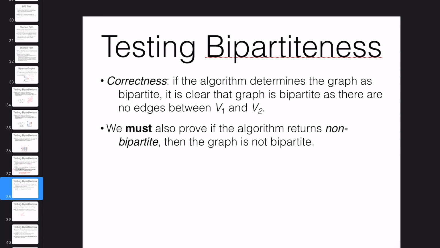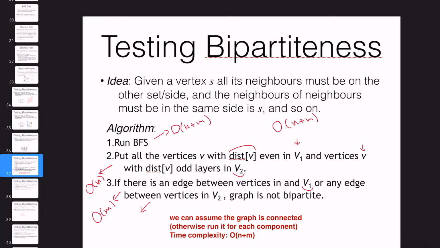Because if the algorithm tells you it is bipartite, it does this sanity check at the end, which makes it quite clear that it gives you two different sets with no edge between the nodes in each set, so definitely the graph is bipartite.